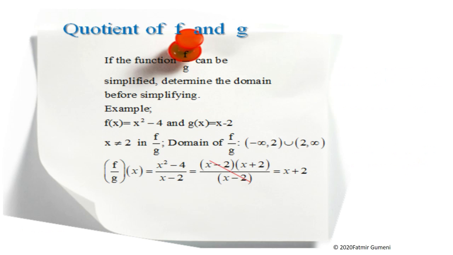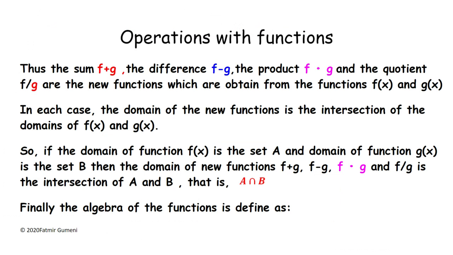Domain of f divided by g is the interval negative infinity to 2 union 2 to infinity. f over g of x equal x squared minus 4 over x minus 2. Factor numerator and denominator. Numerator factors as x minus 2 times x plus 2. Denominator cannot be factored anymore. So simplify the common factor x minus 2 and obtain x plus 2.